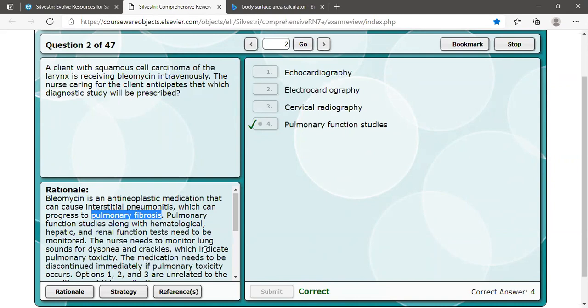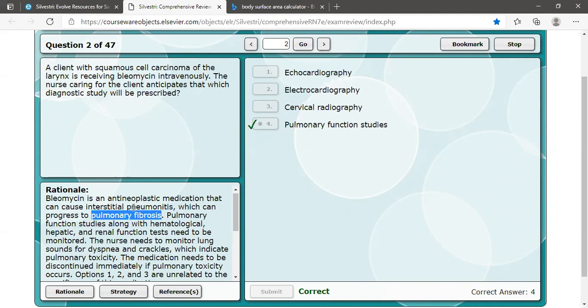So what do we learn? We learn that bleomycin is a chemotherapeutic or anti-neoplastic agent we use to destroy tumor cells, but it has some side effects on the lungs, and the patient may develop pulmonary fibrosis.